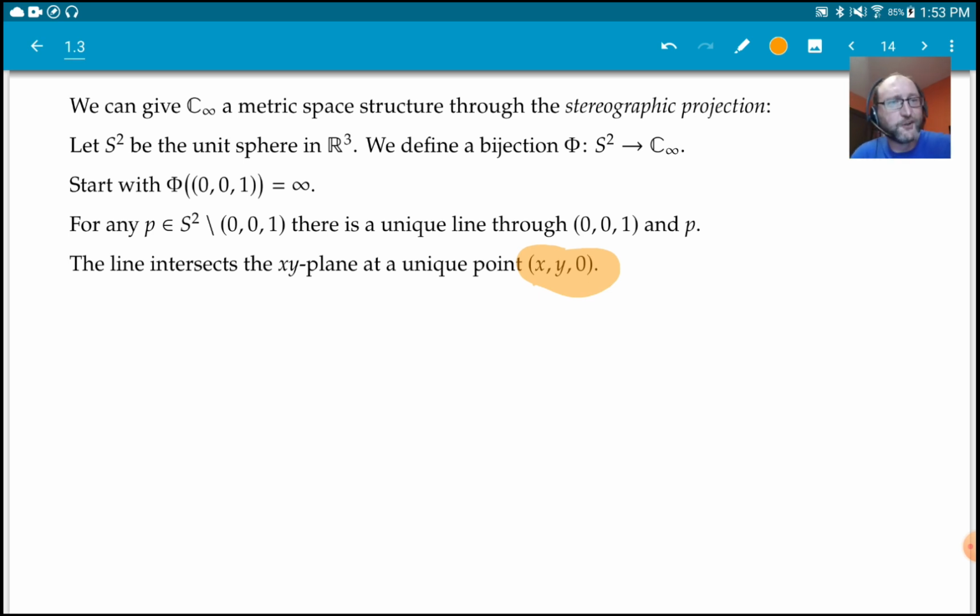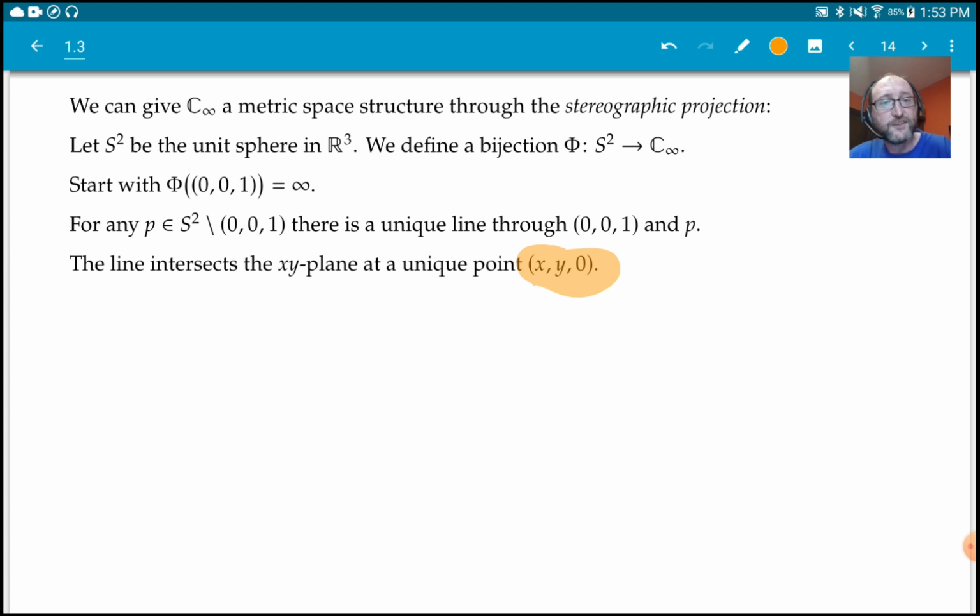The third component is supposed to be 0. Usually you say x, y, z, but in this course we use z for complex numbers, so this is really the only time that it would make sense to talk about z as a real number. But the third component should be 0.